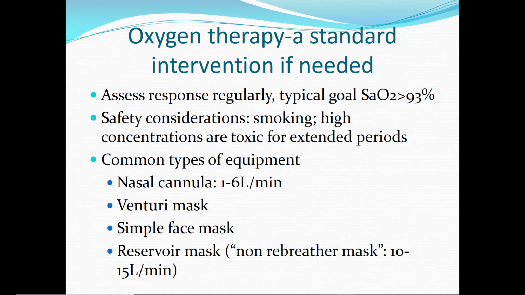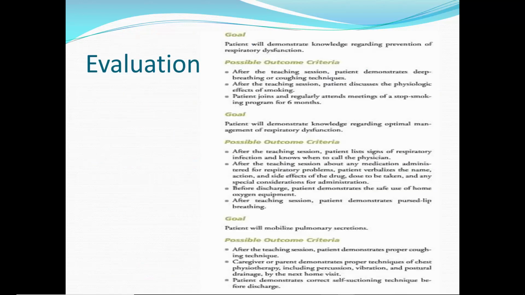You want to titrate down the oxygen as soon as you can to prevent complications from hyperoxygenation or too much oxygen. Because what happens is your capillaries start to leak, and then the patient's lungs fill up with fluid, and then they are basically drowning in those secretions, which is caused from damage to their lungs from the oxygen.